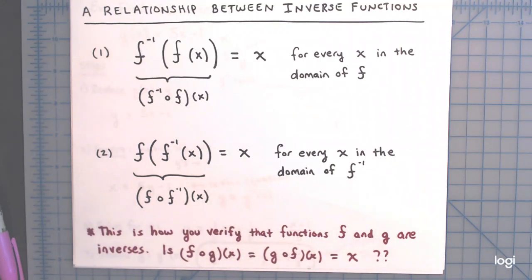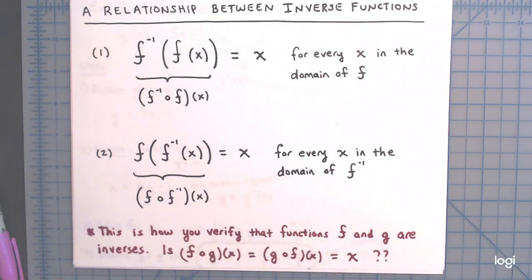If you watch my video on finding the composite function, you saw before that a lot of times when you do f composed with g and then g composed with f, you're getting different expressions. They're not the same all the time. But in this case, when f and g are inverses, they will be the same no matter what order you compose them in, and they'll both be equal to this expression, just plain old x.